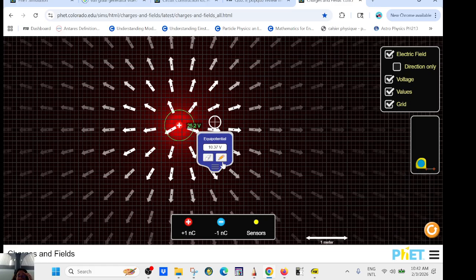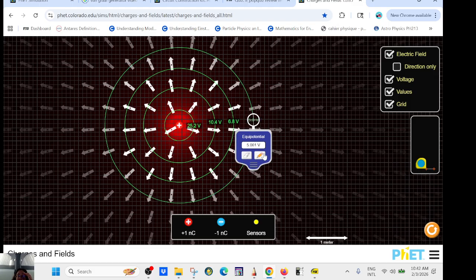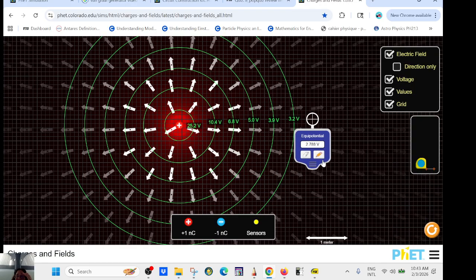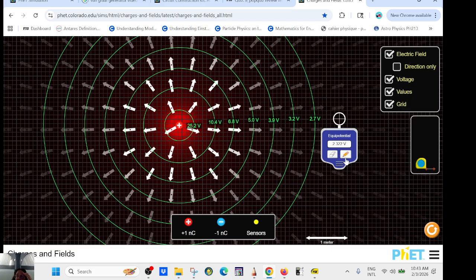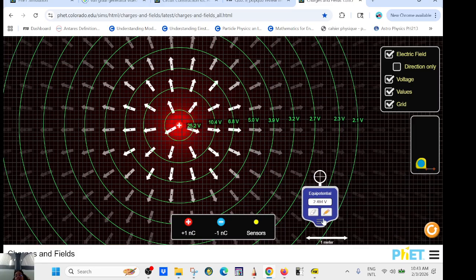See, I can make contour lines. As I move away, the potential is going to decrease. You might think, okay, how come it's just one value? And I told you it's a property of 2 points. But the voltage that you're going to have here is relative to infinity.